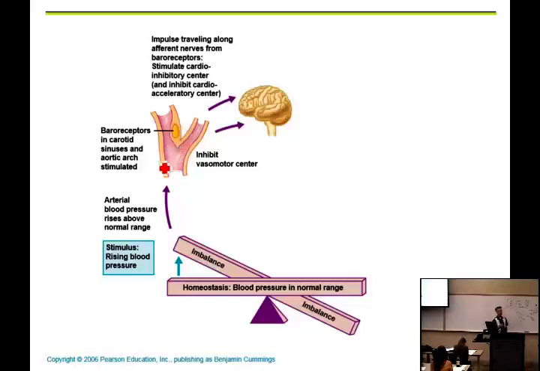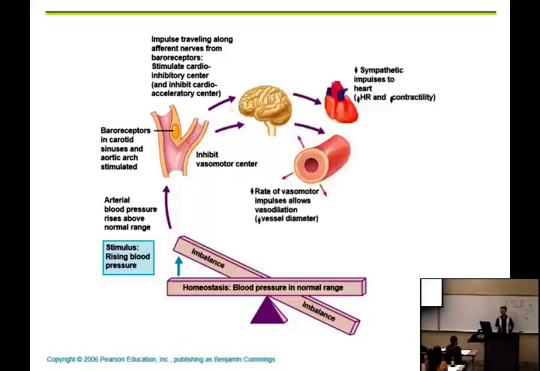Now, pressure has just gone up, we have to see, okay, is there a need for that? Why did that just happen? And so we have the sensory information that comes back to the brain. The brain in the control center, specifically down the medulla here, is saying, okay, do we need it to be up? Is that important? Can we maintain that? Do we need to maintain that? Or do we need to counterbalance it?